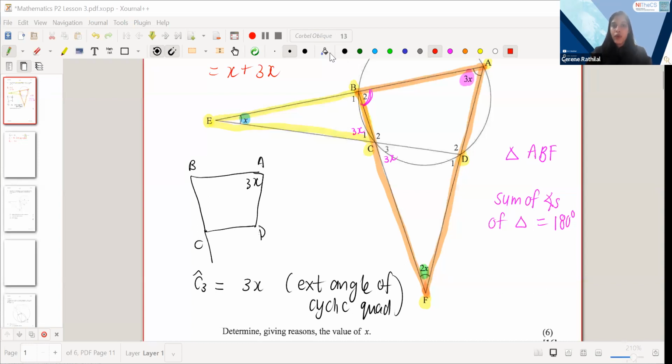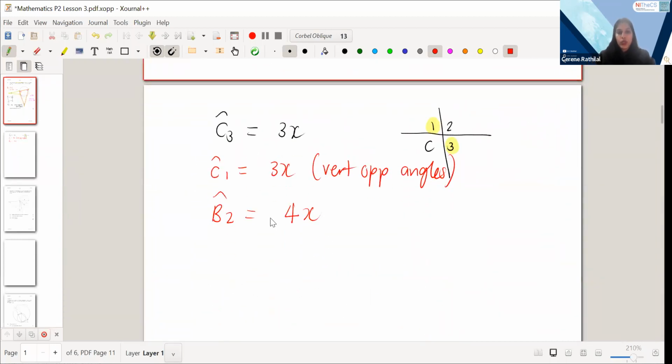and we found B2. So we're now on the home stretch, and we can go ahead and solve for x using the fact that the sum of the angles of a triangle equals 180 degrees, because the sum of the angles of triangle ABF would be 3x plus, in this case, 4x, as we had just seen, plus 2x equals 180 degrees, and then we are able to solve.